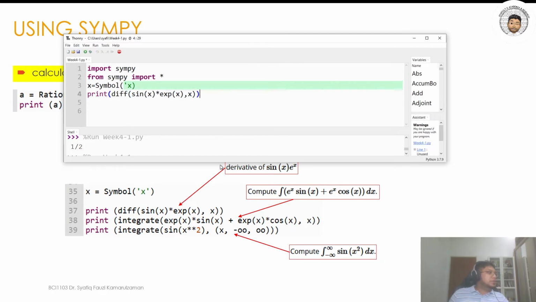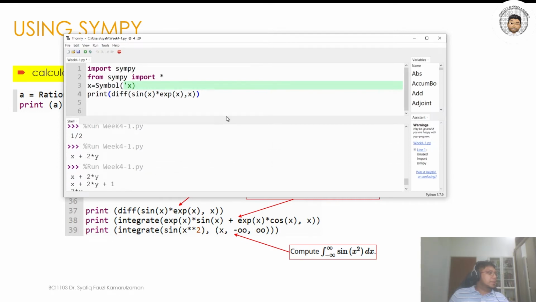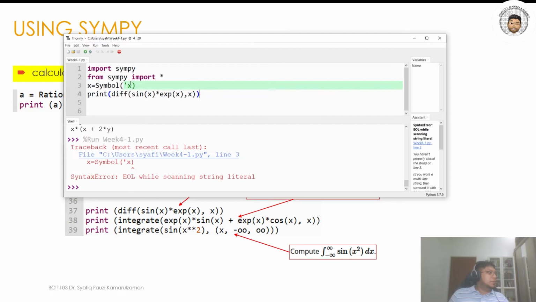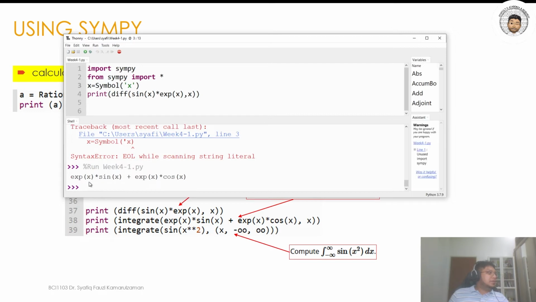So let's start with this one first, and see what kind of equation it generates. Oh, this one. You see that the result is exponential x times sine x plus exponential x times cos x. So this is the result. Simple, right? You have here to differentiate sine x times exponential x with x. Differential x means dx. So please try the other two down here.